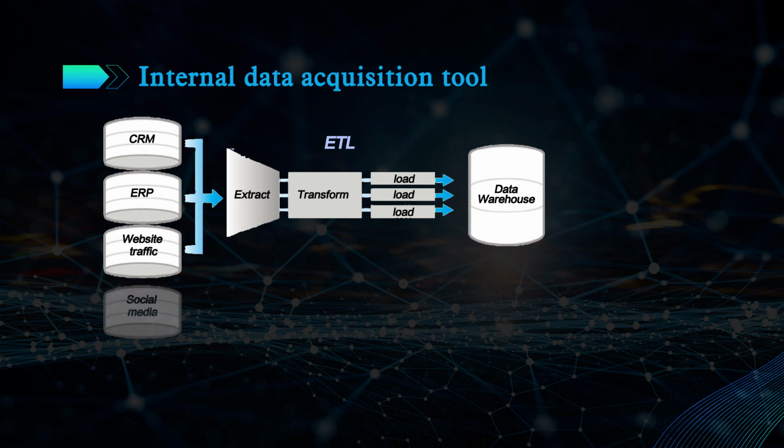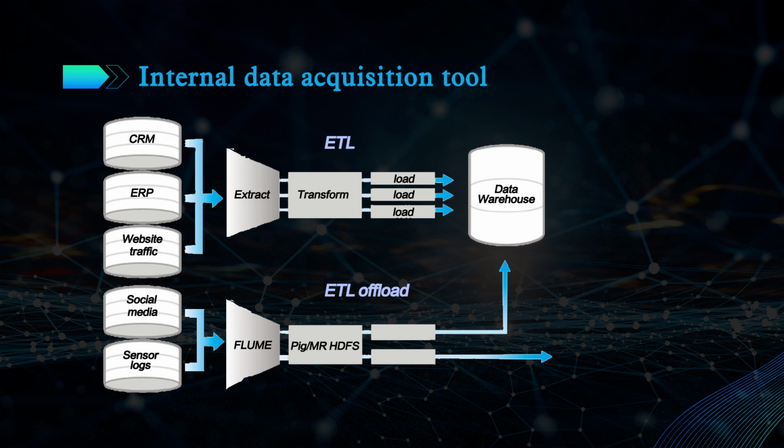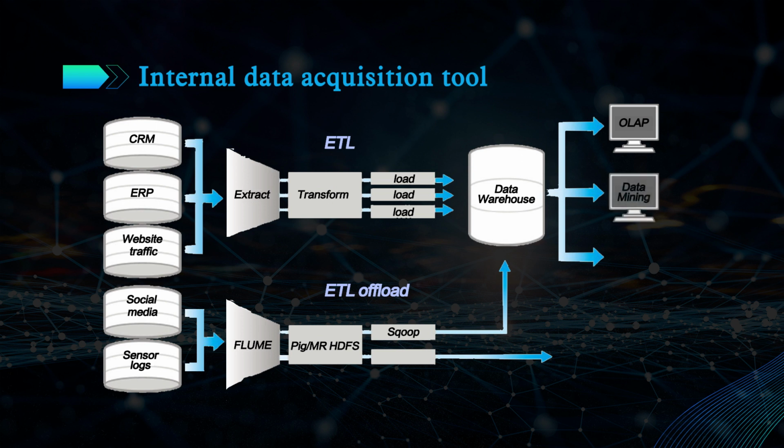And the unstructured data like social media data and sensor logs can be offloaded to the big data cluster like HDFS, Hadoop File System, or Pig, and then using Apache Sqoop, the bulk data can be integrated to the data warehouse for OLAP, online analytical processing, data mining, reporting, and other business intelligence analysis to get the business insight. And the data scientist can also directly use the unstructured data to conduct some analysis.